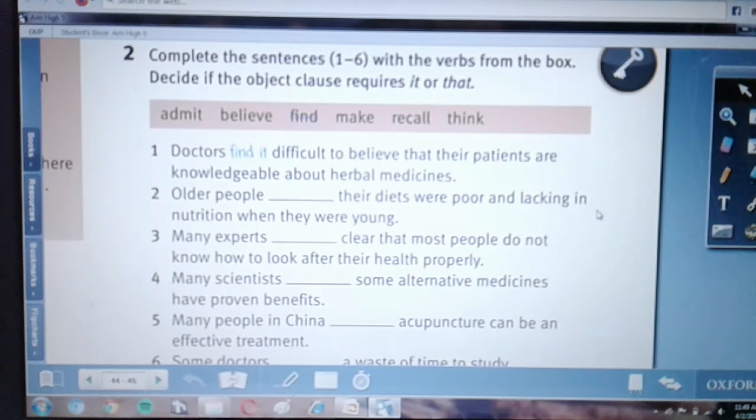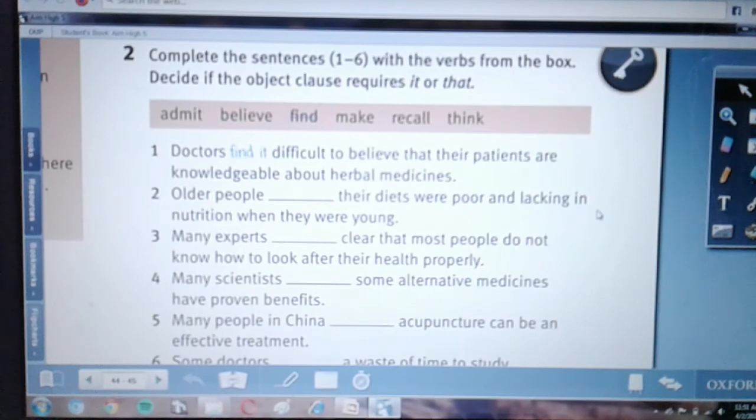So, they recall. The older people recall their diets. So, shall we use it or that? Let's try to put it after the main verb recall then. Older people recall it. Their diets were poor and lacking in nutrition when they were young.